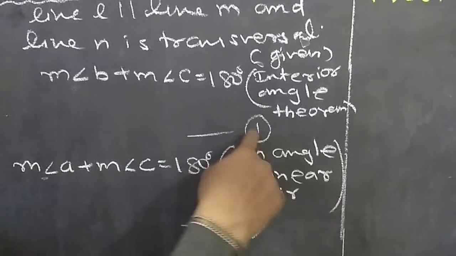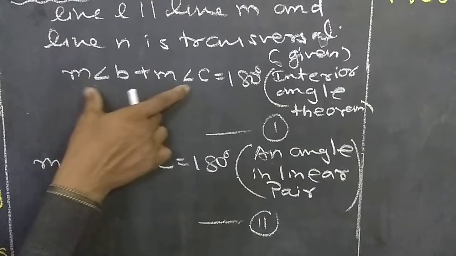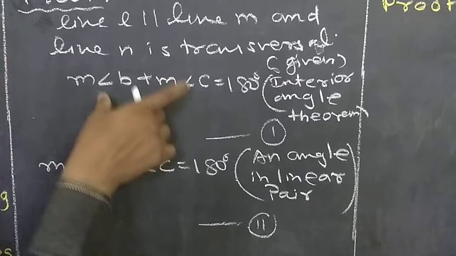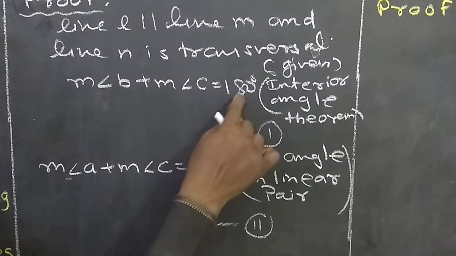Now if you compare here equation 1 and 2, the sum of measures of both angles is equal to 180 degree.